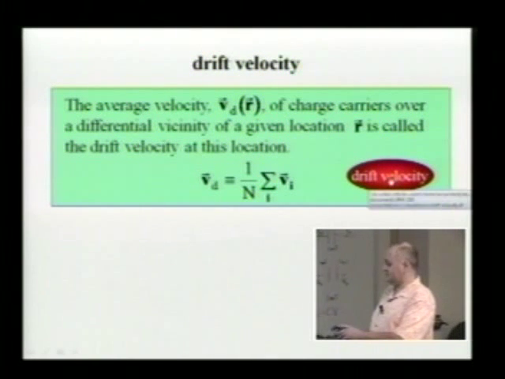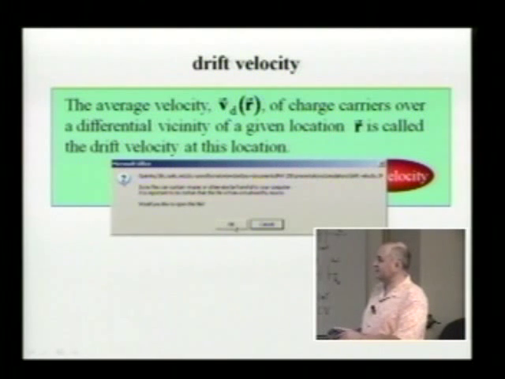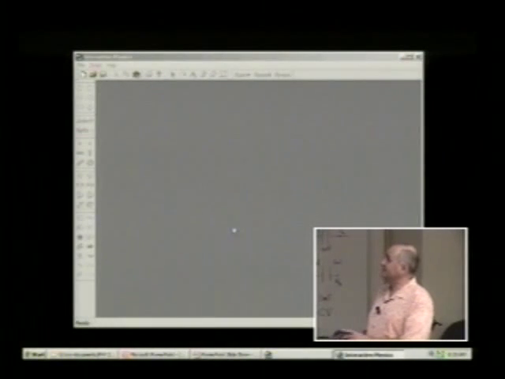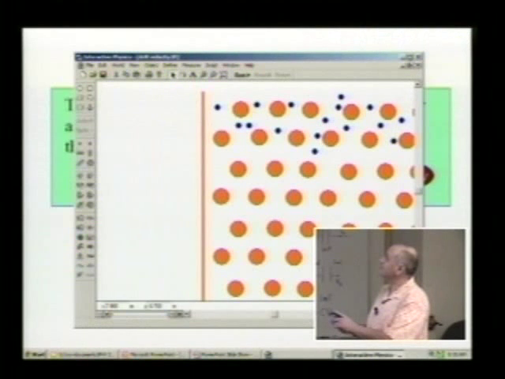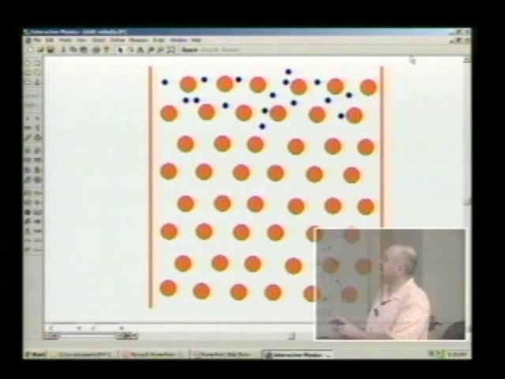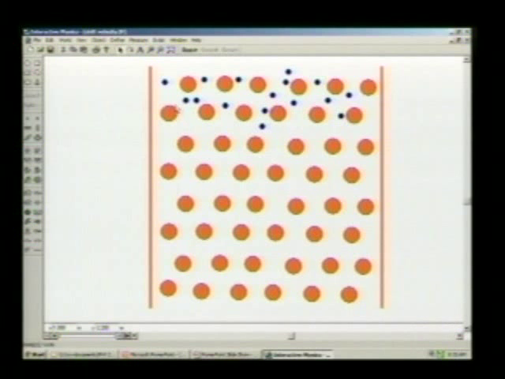How about if we take a look at the simulation to see? Think of these blue dots as electrons.